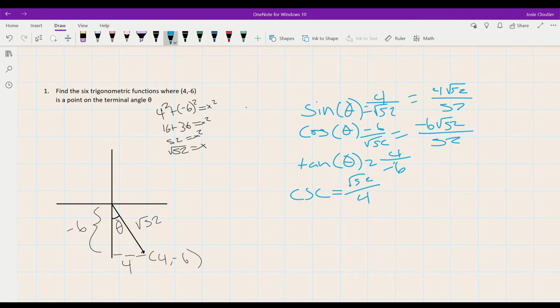And we don't need to rationalize because the radical is in the numerator. Secant of theta is equal to square root 52 over negative 6. And cotangent of theta is equal to negative 6 over 4.